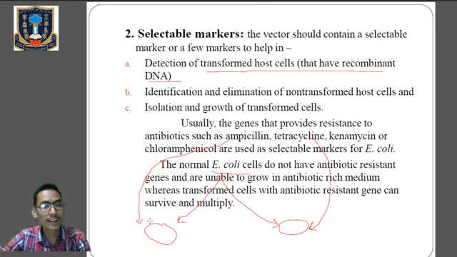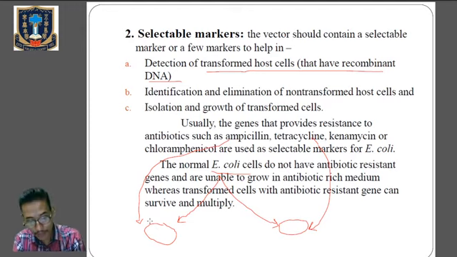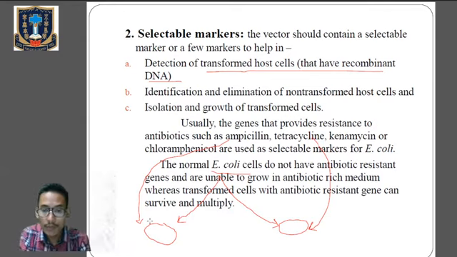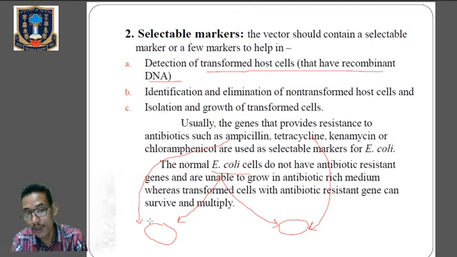Because it does not contain the tetracycline resistance gene. It only contains the ampicillin resistance gene. Okay, so in this way the transformed cells will be able to survive and multiply when we modify the host cells by the technique of recombinant DNA technology.